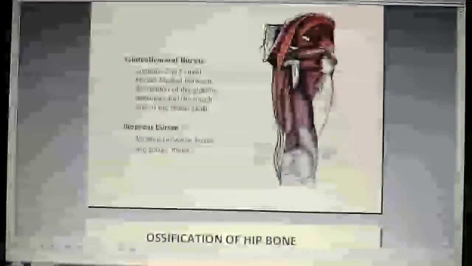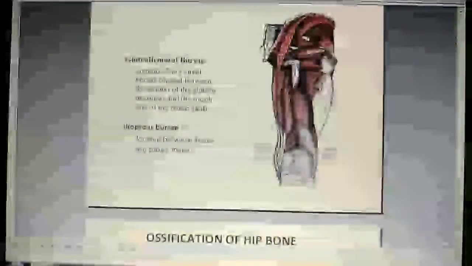Ischial bursitis arises from the ischial tuberosity, usually from prolonged sitting on hard surfaces. This one is the ischial bursa behind, and the trochanteric bursa is on the lateral side. Gluteofemoral bursa is behind.